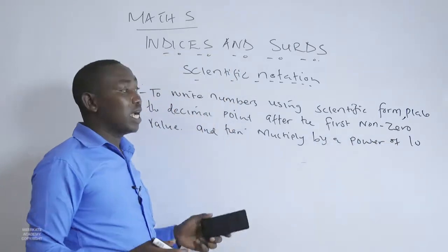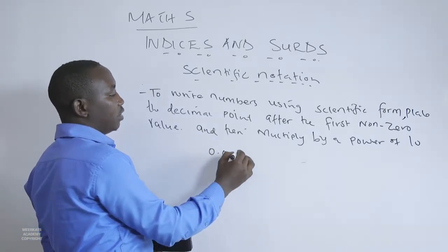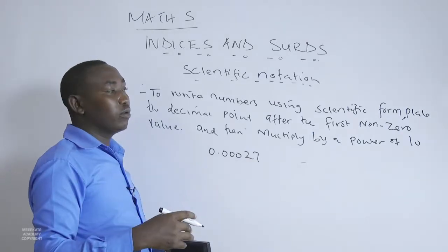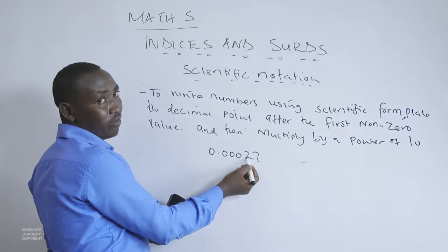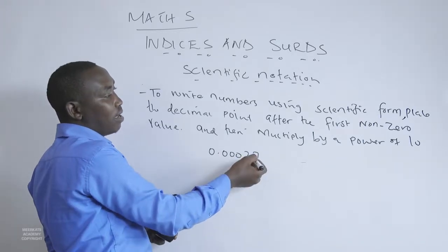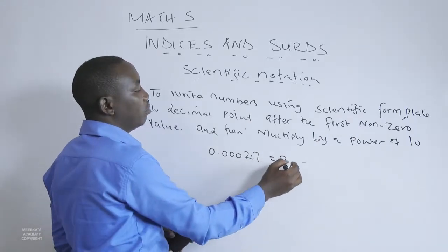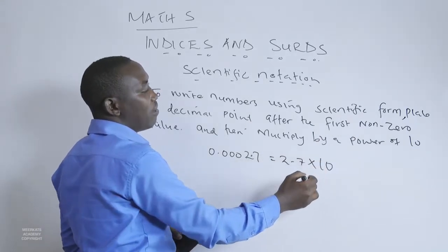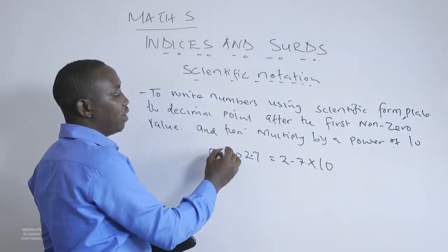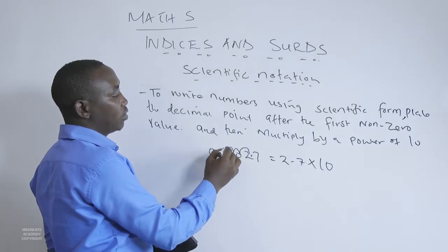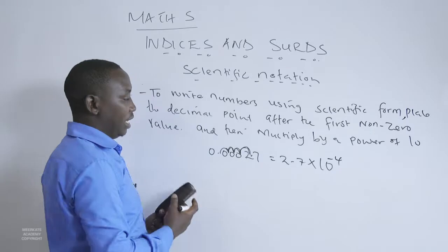We have looked at the two scenarios. If you have 0.00027, we count up to the first non-zero. So you see this is the first non-zero value. After the first non-zero value will be at that particular point. So that will be 2.7. Then you multiply by a power of 10. In this case, because you'll be going to the right hand side, you count 1, 2, 3, 4 steps and it will be -4.